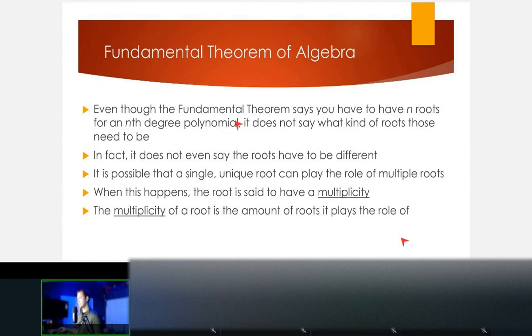That's just the short answer of it. But doing that doesn't say what the multiplicity is or how many zeros or how many roots we'll have, and that's what the multiplicity is. So the multiplicity is the amount of that root that we have.